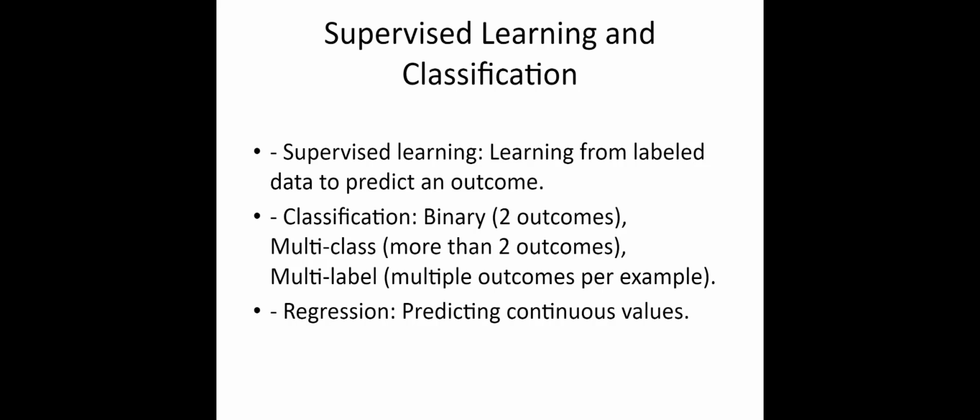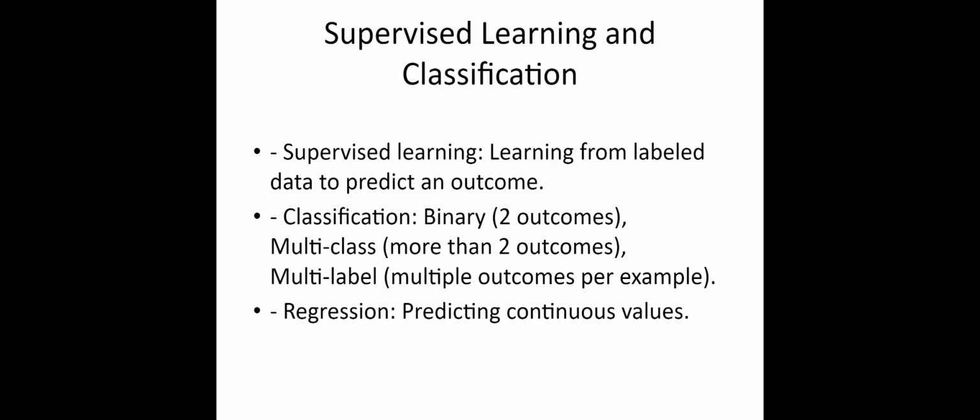Supervised learning is when you learn from data that's already labeled to predict an outcome. Imagine you want to predict whether or not you go outside and play. Whether you go outside and play is the label: play or not to play.